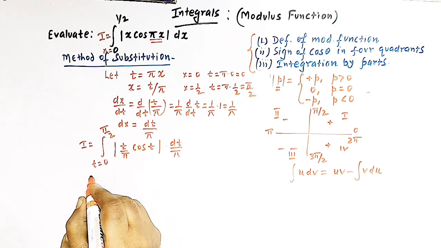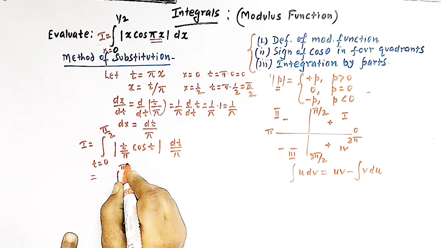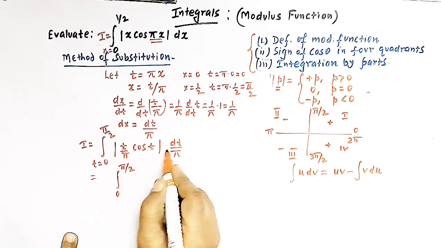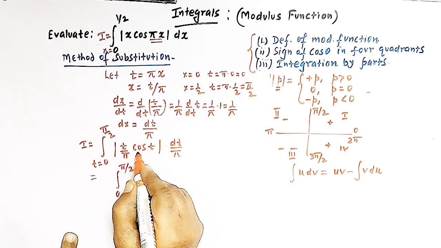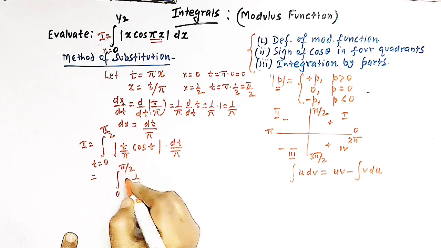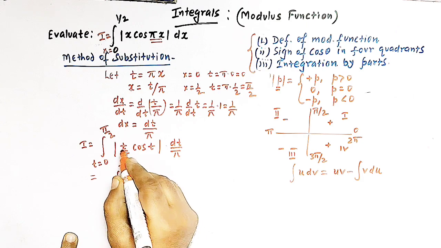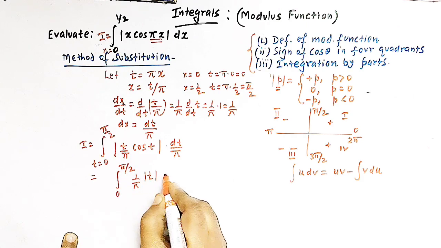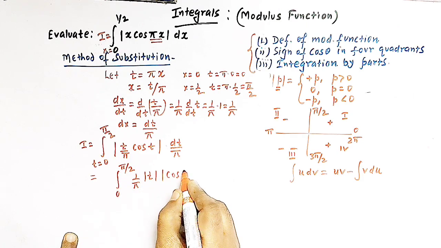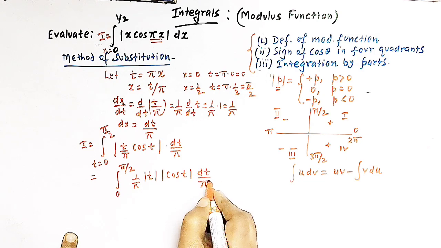So now we can write this integral as 0 to pi over 2, and here we have mod of t over pi cos t, right? So we can take 1 over pi, that is mod of 1 over pi is simply 1 over pi, and then we have mod of t, and then we have mod of cos t, and here we have dt over pi, right?